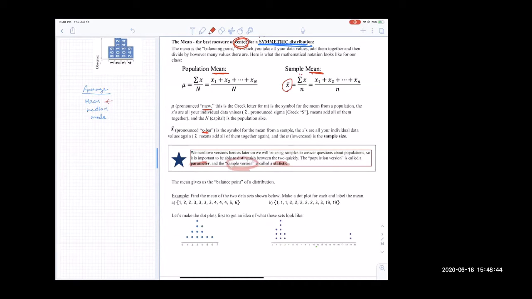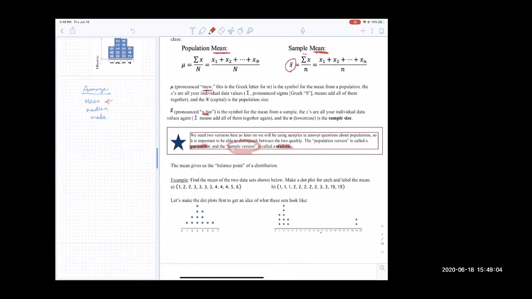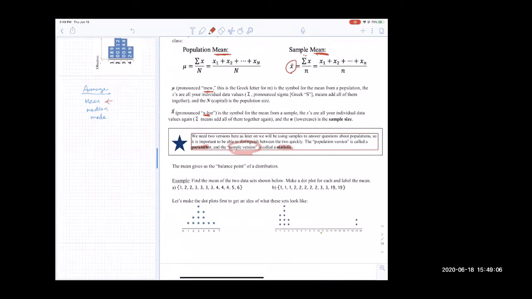So we're analyzing and studying sample data to represent the population. If we have the population data and population distribution, we don't need statistics. We don't need this book. You don't have to learn statistics, but it is impossible. Like I said, it's impossible to get the population data. A lot of the time it's very difficult to get the population data.